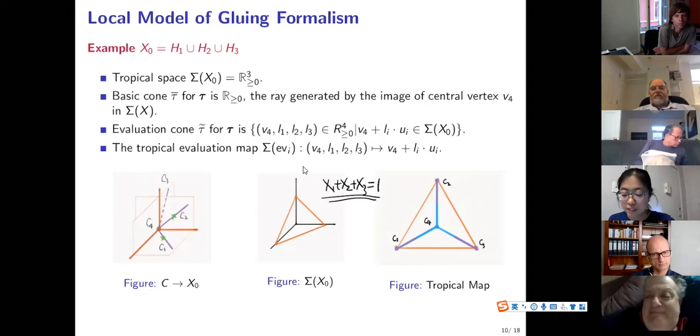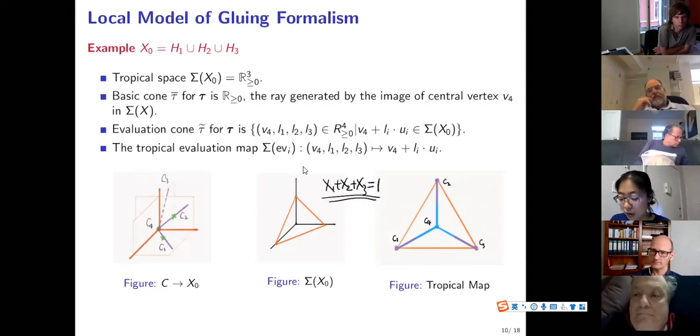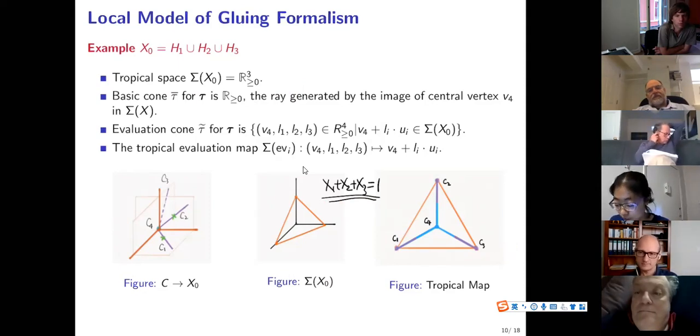So if we take a slice of x1 plus x2 plus x3 equals 1, it will actually be rigid over here. So this is the tropical map of the type over here. And because we need to satisfy the balancing condition, the only choice that we can have is this one. And the basic cone will be the cone generated by this one.